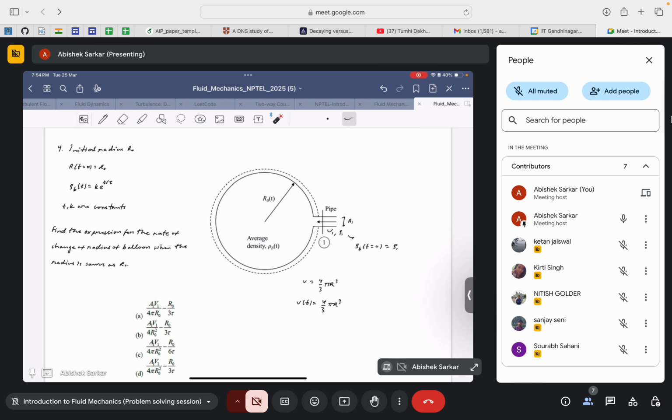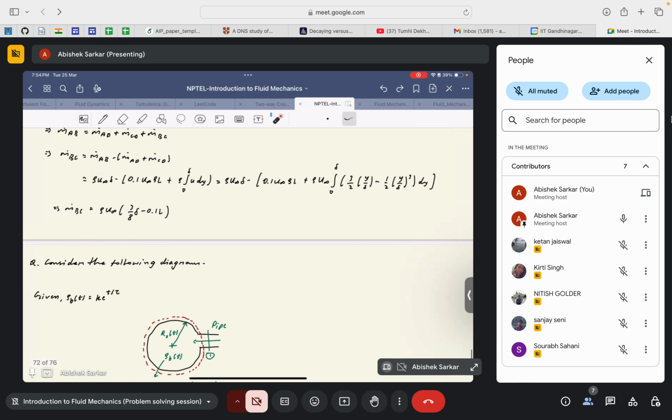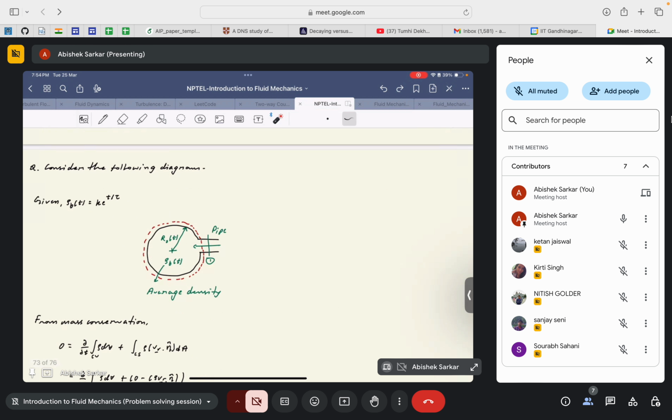So this is the problem that we have in our hand, and it is given that density is a function of time given by this equation. Okay, rho b, the density of air inside the balloon, is a function of time given as k e to the power t by tau, where e is an exponential function.